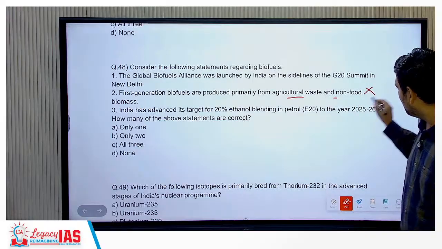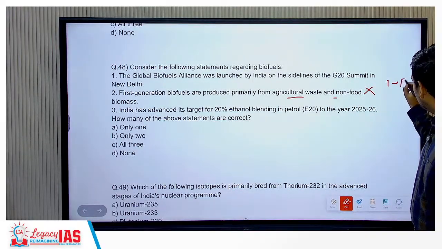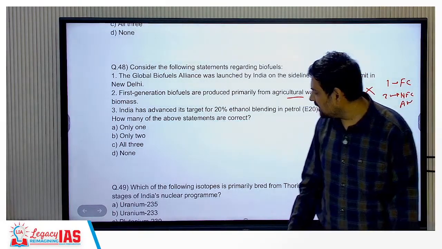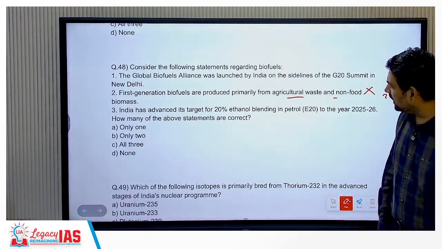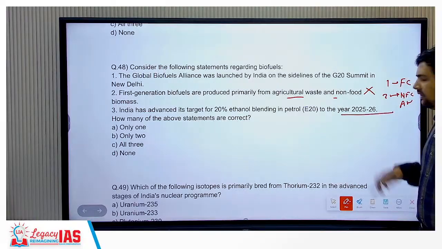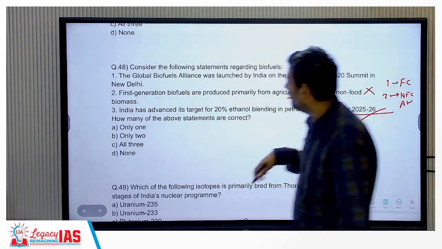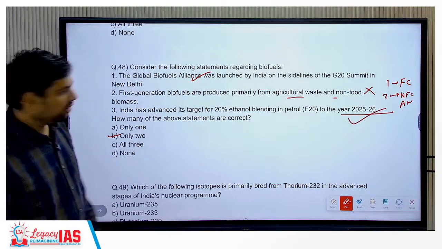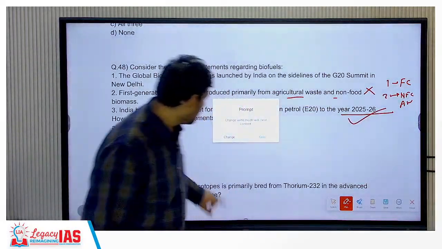First generation was food crops. Second generation was non-food crops, agricultural waste and all that. Then India has advanced its target of 20% ethanol blending in petrol by the year 2025-26. This is correct. Answer becomes only 2.